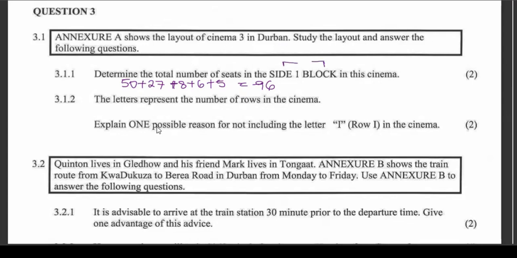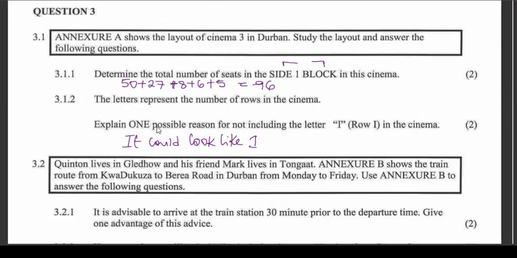The letter represents the number of rows in the cinema. Then explain one possible reason for not including row I in the cinema. It would look like a 1.